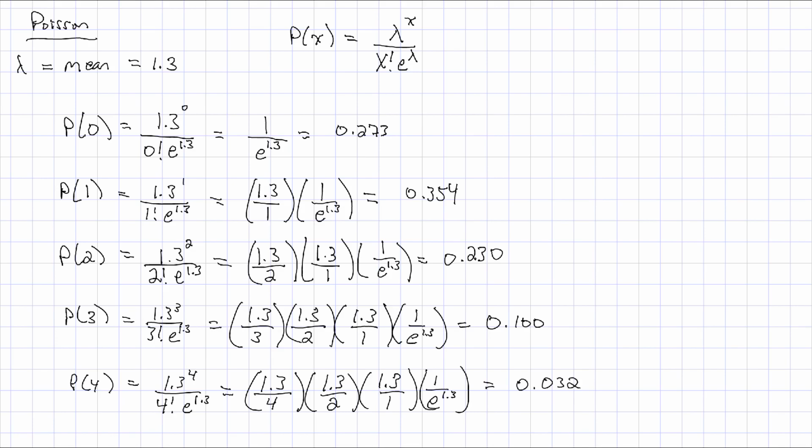And then for the expected numbers, I multiply these probabilities by 20 to get our expected number of chickens that would die on day 0, day 1, day 2, day 3, day 4.